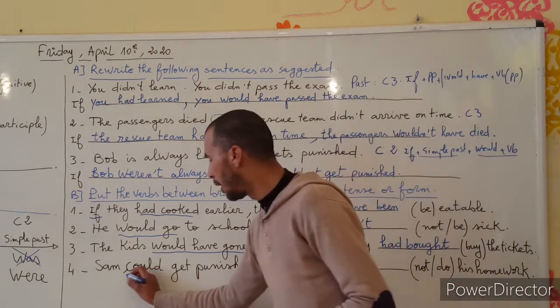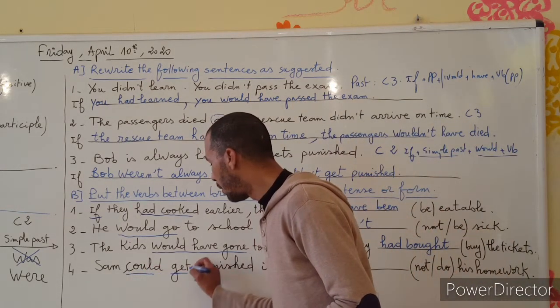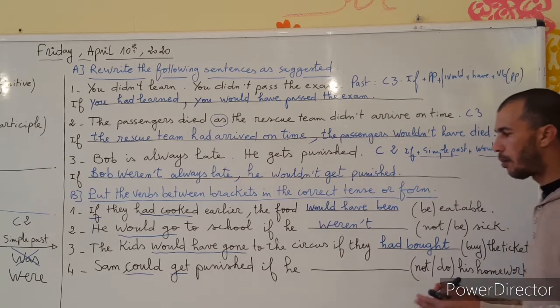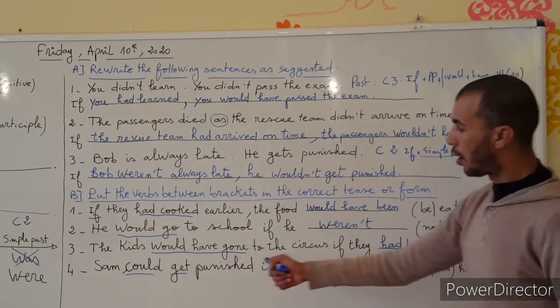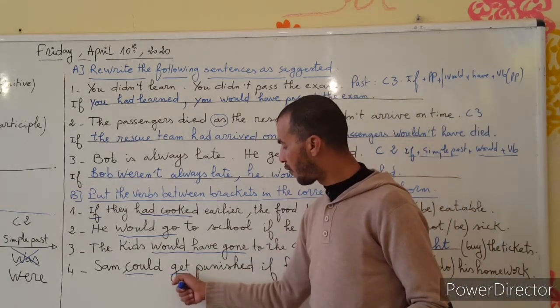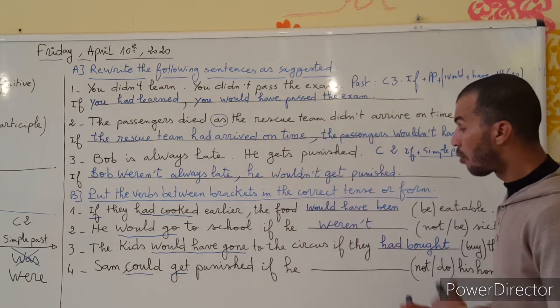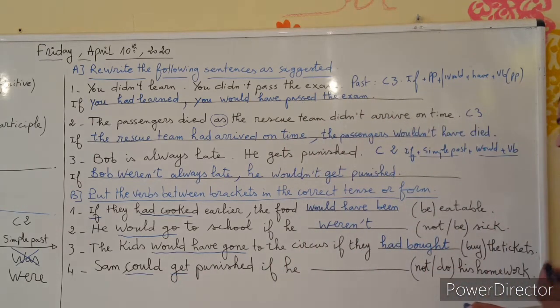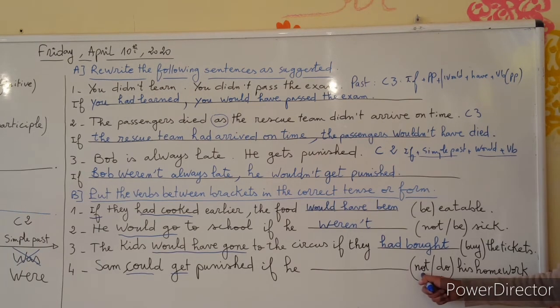Here we have could and verb, which is like would and verb. Gets punished, so could or would plus verb, this is conditional 2, which is if plus simple past. What verb do we have here? Not do. We have the verb do in simple past, negative form.